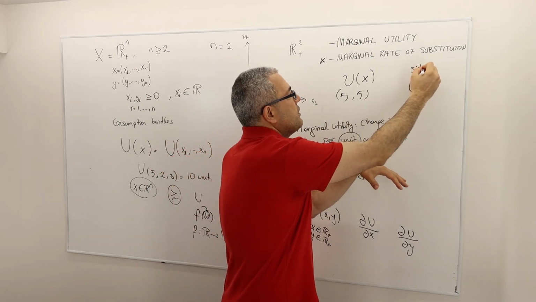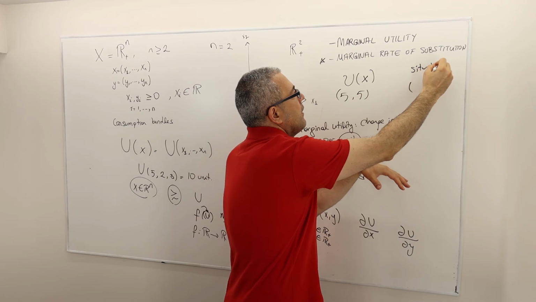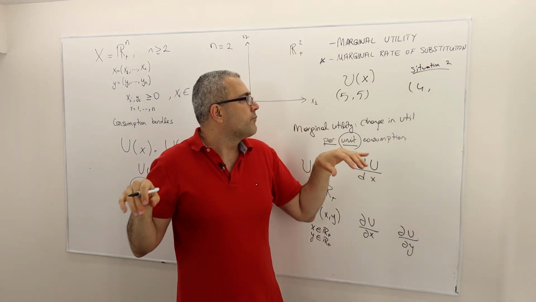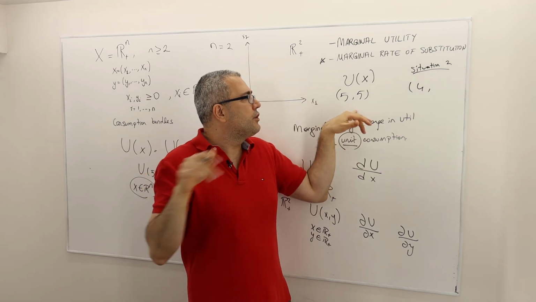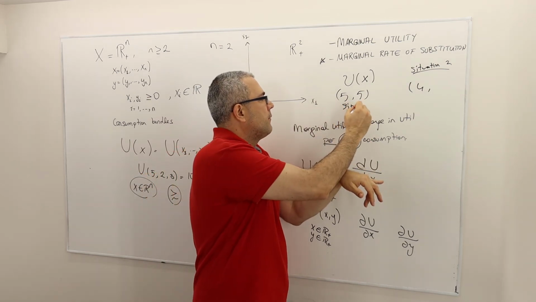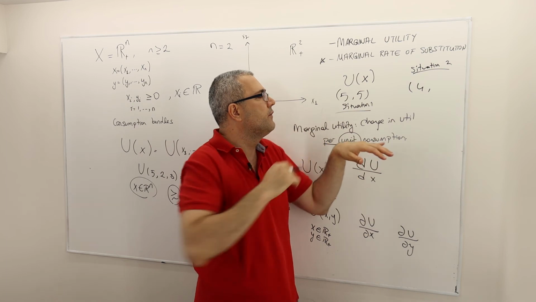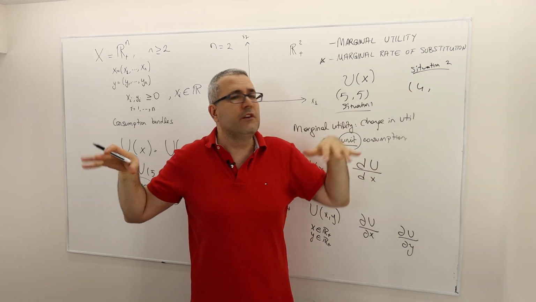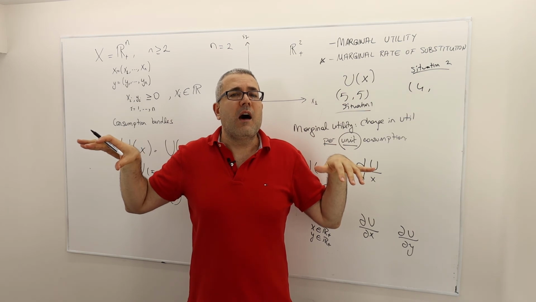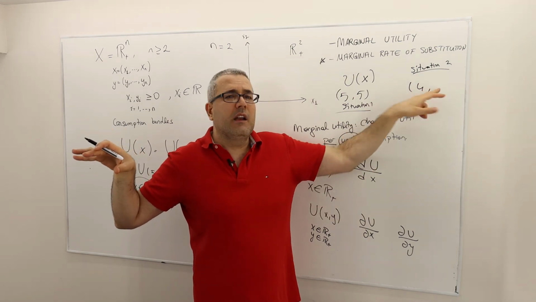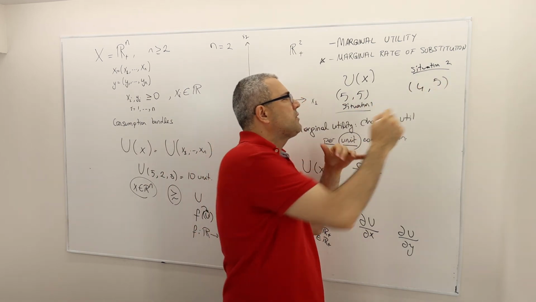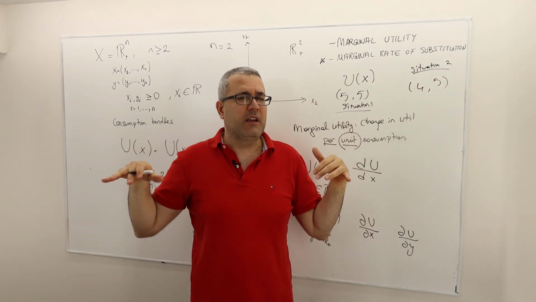In situation 2, I consume 4 apples. If I keep my banana consumption the same, meaning 5, this will most likely decrease my utility.